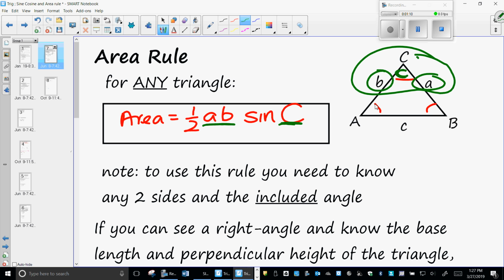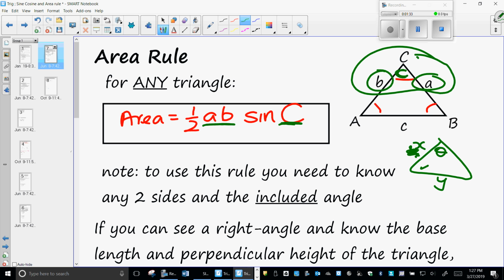So the situation could be that they may have given you this side length, I'm going to call it a, this side length, and this angle. You cannot use the area rule just because you've got two sides and an angle. You need to know this angle in order to use the area rule. That's the important thing.